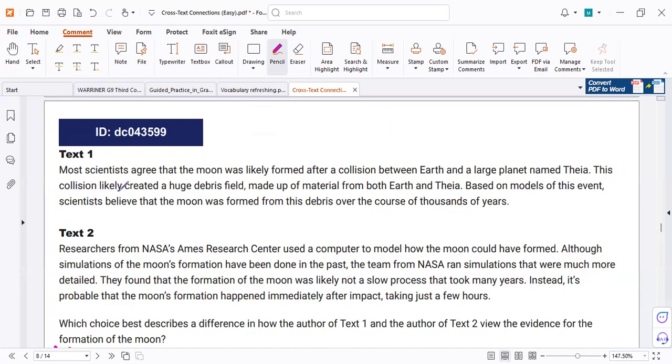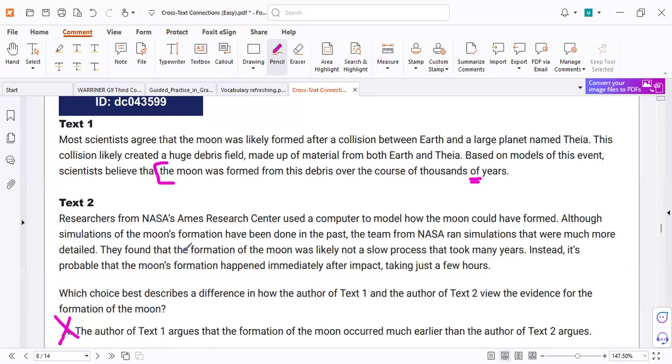This collision likely created a huge debris field made up of materials from both Earth and Moon. Based on models of this event, scientists believe that the moon was formed from this debris over the course of 1,000 years. So it takes time.